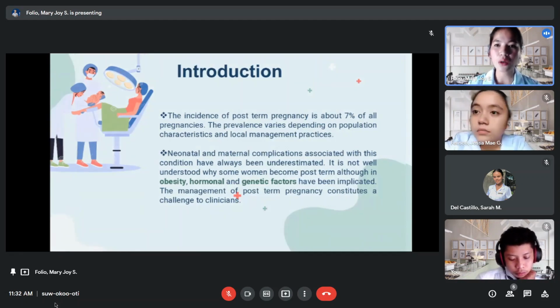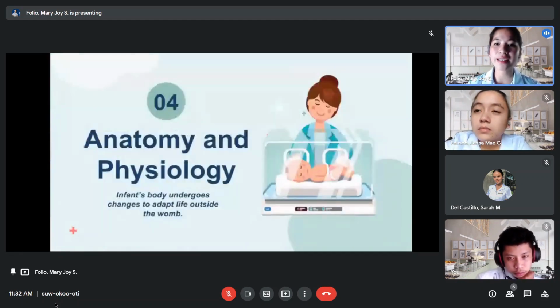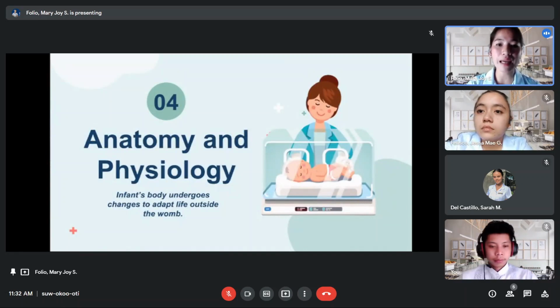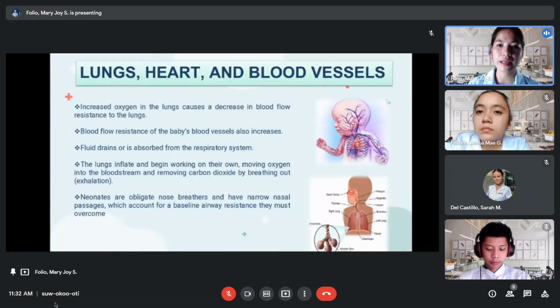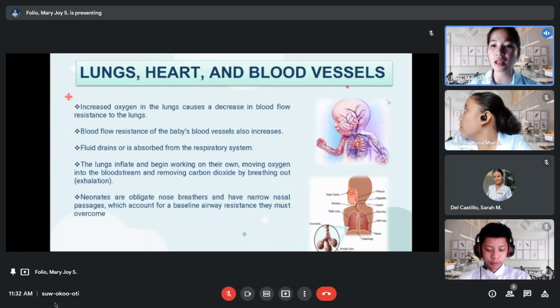Okay, so the next slide is for the anatomy and the physiology. The infant's body undergoes changes to adapt to life outside the womb. Okay, so for the lungs, heart, and blood vessels, increased oxygen in the lungs causes a decrease in blood flow resistance to the lungs.